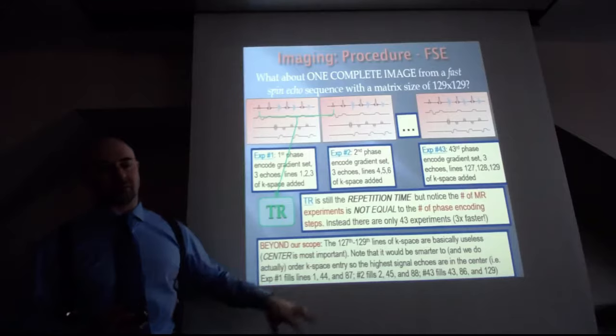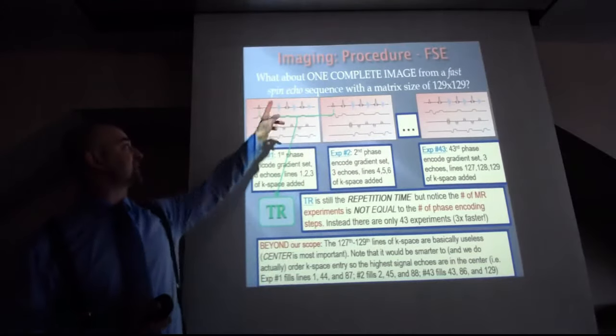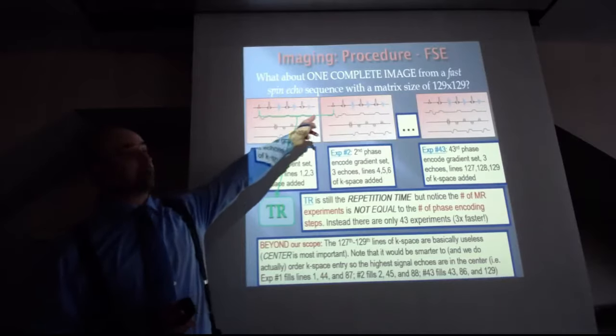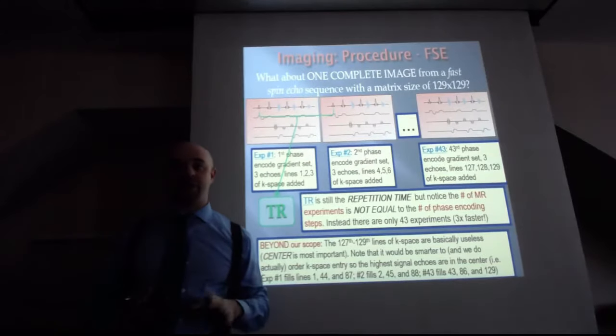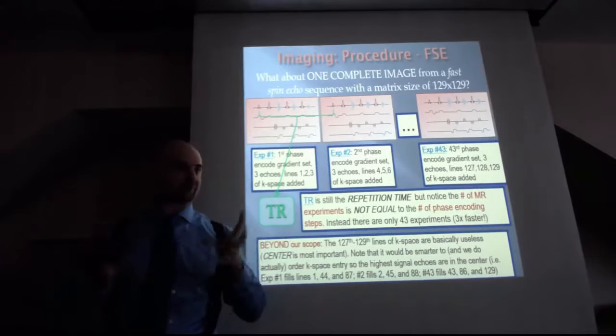Okay, again, this is a little bit beyond the scope. This is what I was trying to say before, right? If your biggest echoes are the first one, and then you're decaying going out there, and just take it as truth for now, the center of k-space is the most important thing to your image.